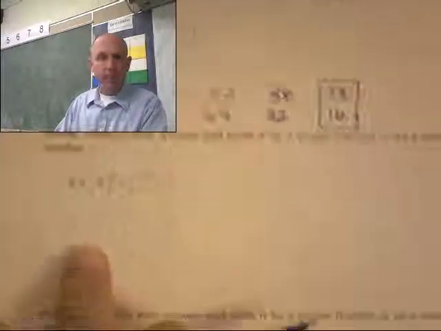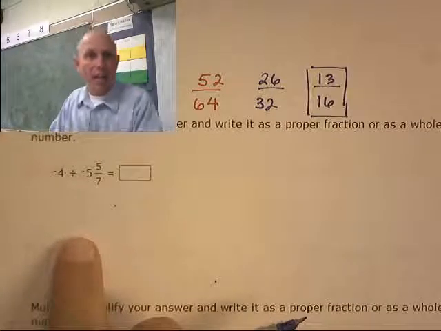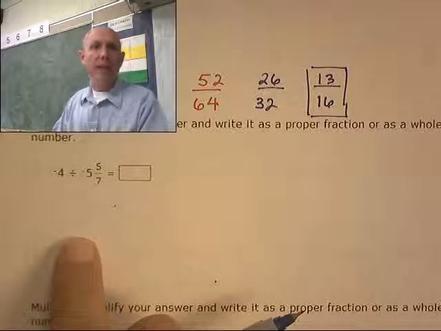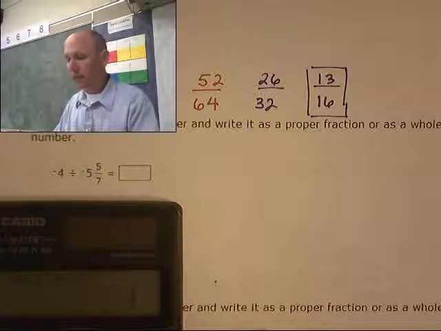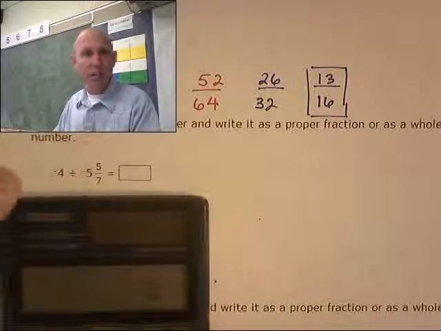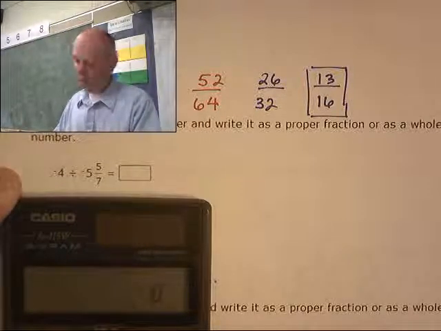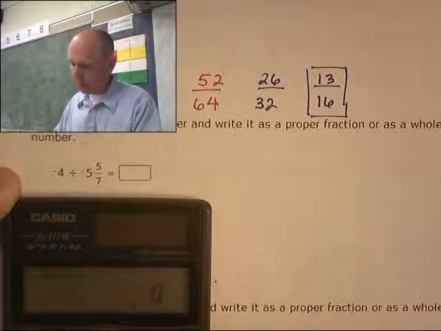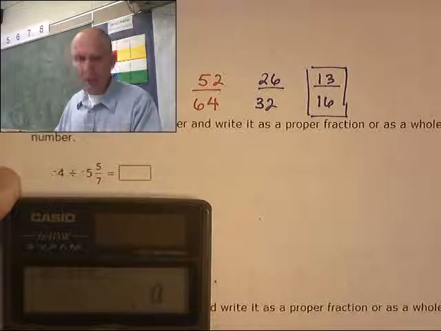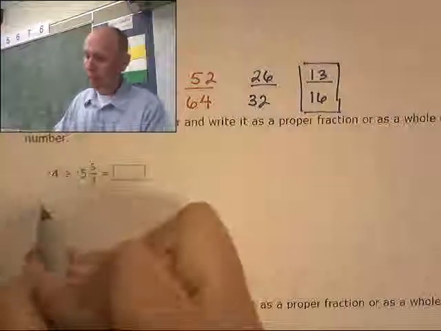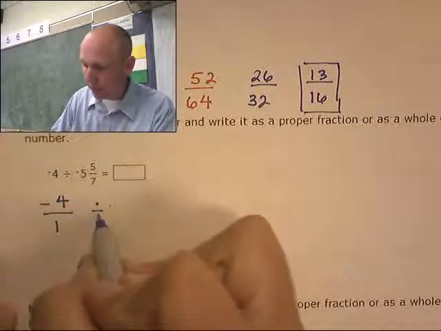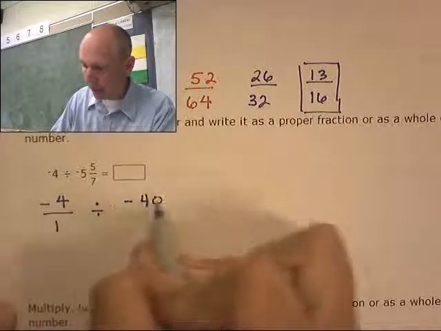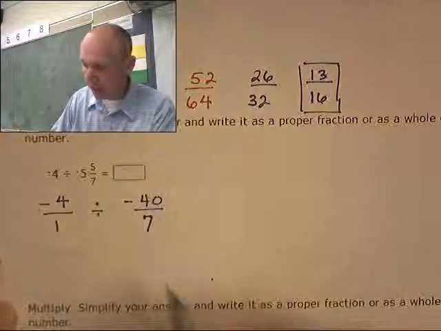Let's do another one. I have negative 4 divided by negative 5 and 5/7. Well, let's take negative 5 and 5/7, and we'll convert that into an improper fraction. So this is going to be 5 times 7 plus 5. That's 40/7. So I have negative 4 over 1 divided by negative 40/7.